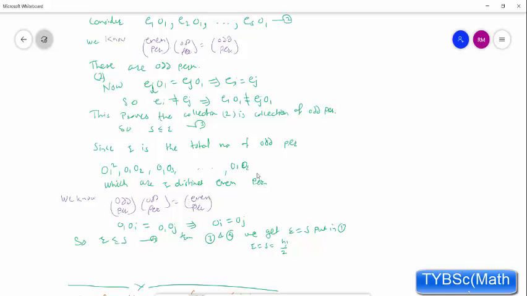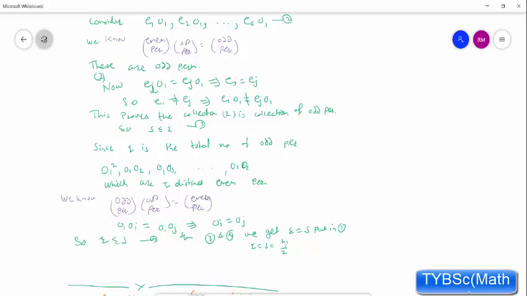Why are they distinct? Again, take any two equal, say pre-multiply O1 to all these odd permutations, so O1 OI equals O1 OJ. If both are equal, then we come to the conclusion OI equals OJ. That means if OI is not equal to OJ, then O1 OI is not equal to O1 OJ, negation of Q implies negation of P again.